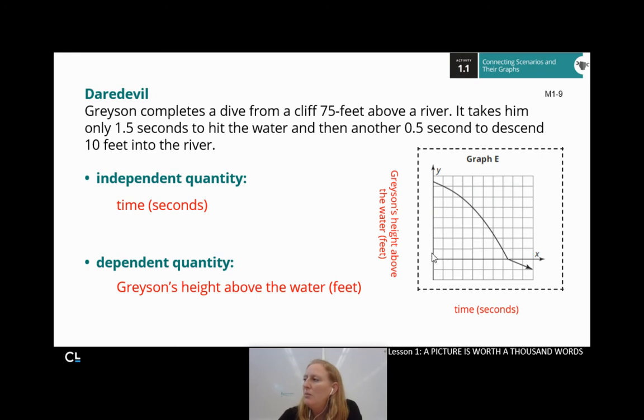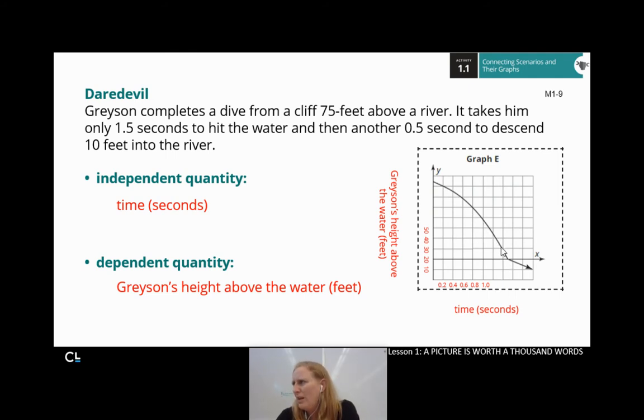But if you did want to mention the origin, it's actually at the water level, isn't it? And it's also at 0. So if we're talking about the height, it's the water level. If we're talking about time, it's 0 seconds. So the origin would be if you were at water level when Grayson jumped off, which he wasn't, but he could have been.